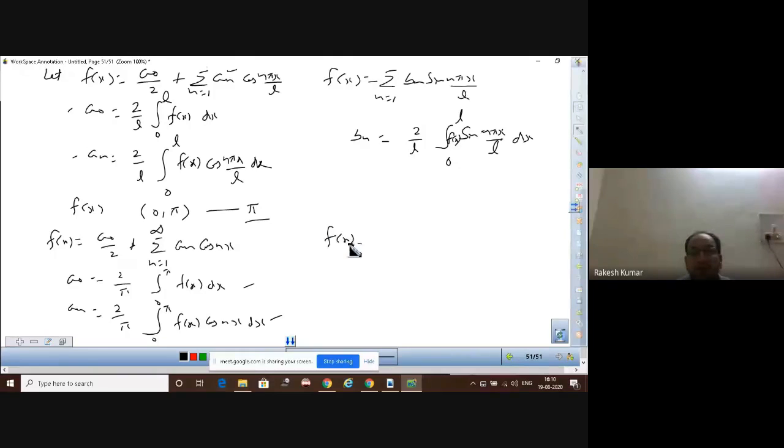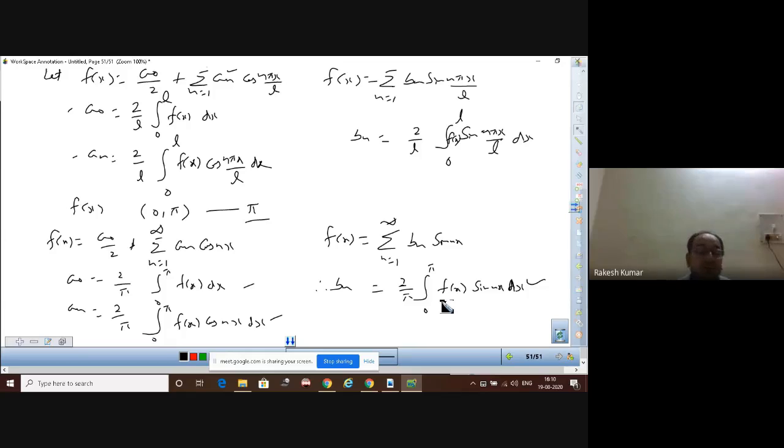And the half range sine series will be summation n is 1 to infinity bn sine of nx, and the Euler constant bn will be 2 over pi integral 0 to pi f of x into sine of nx dx.